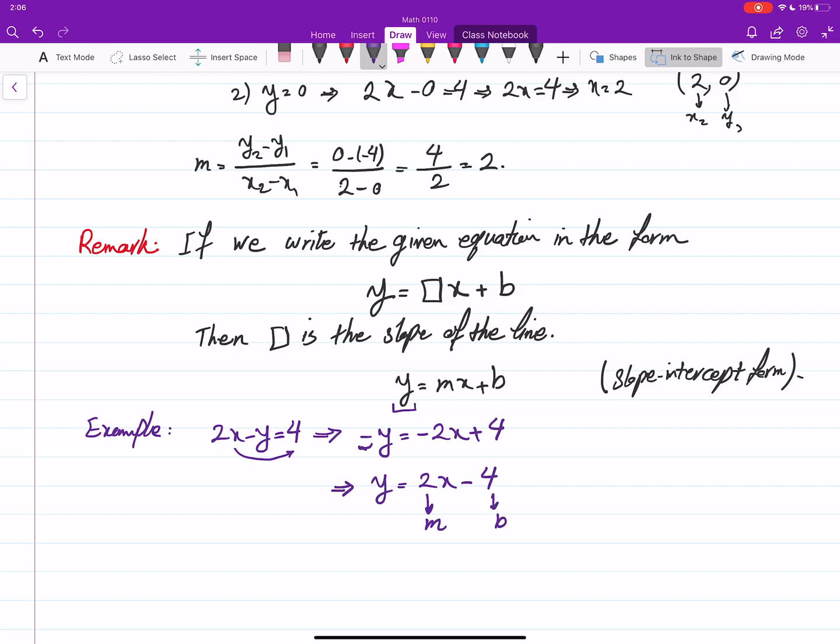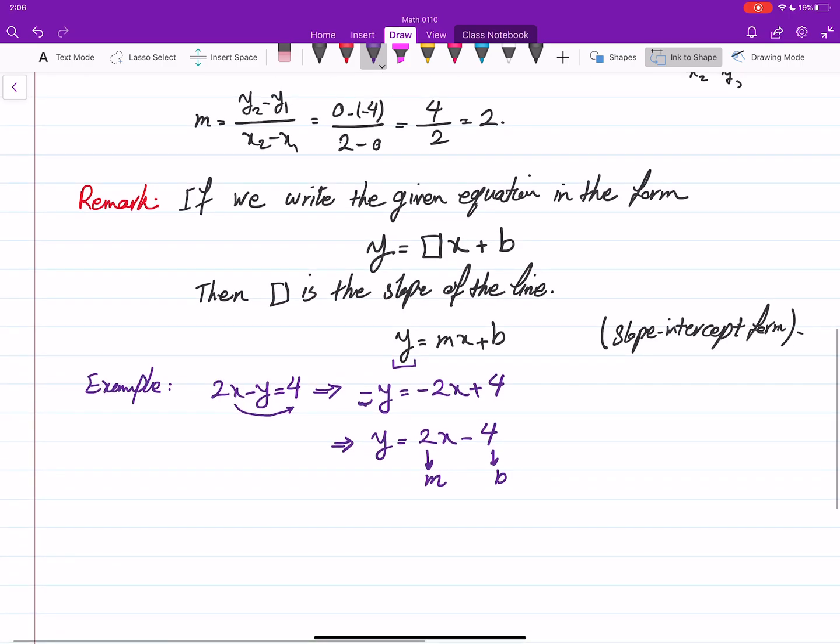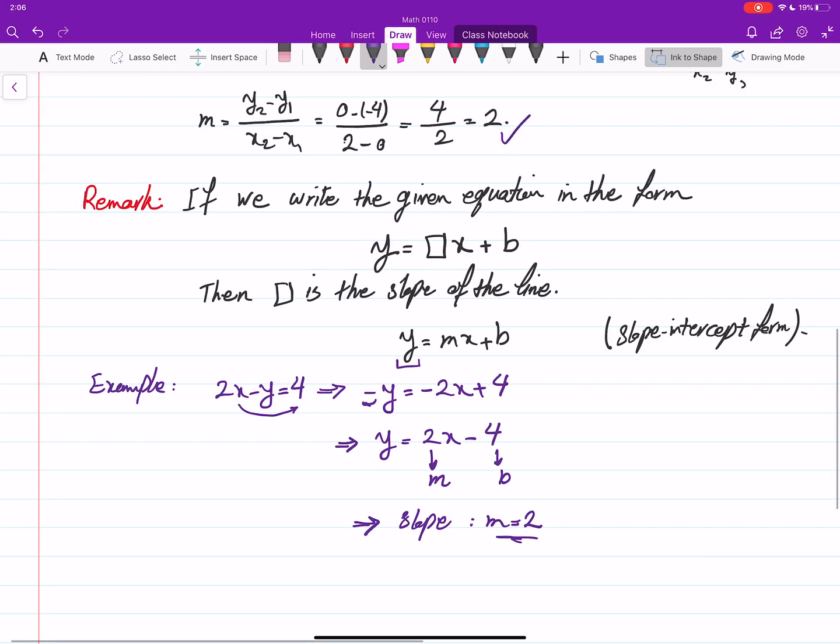Well, that is also the y-intercept, as you already know. So in this case, just by the remark we had up there, the slope is just 2, which is the same number we found in the previous example.